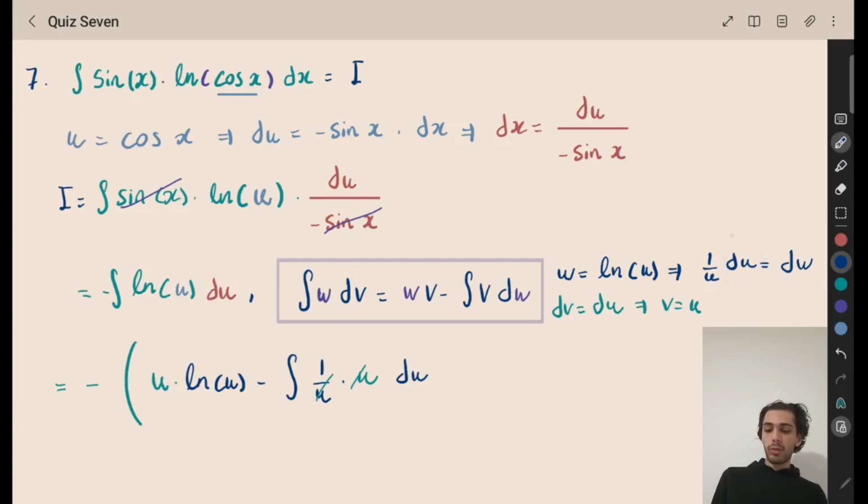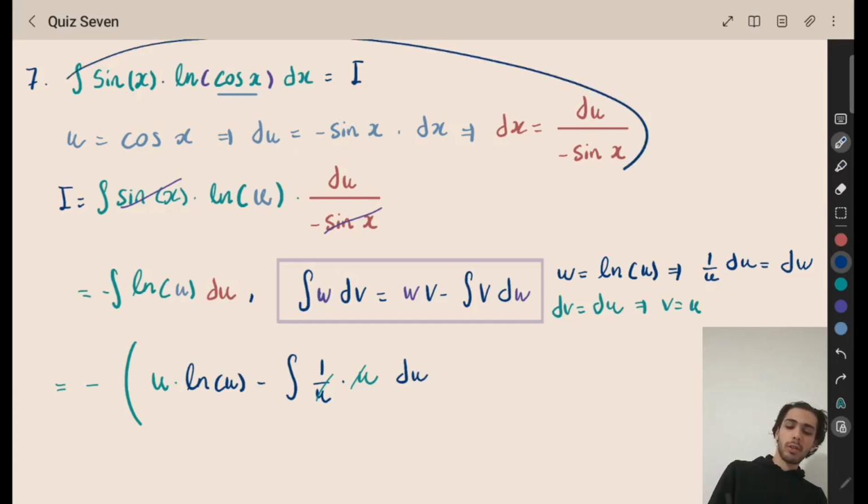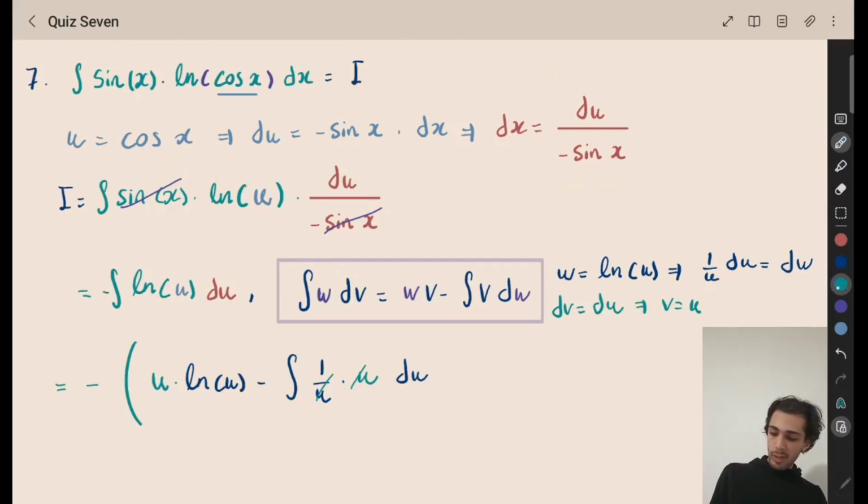So you need to take care of the chain rule, just like we were doing here. But I made a small mistake, apparently. Now I'm not too careful with the evaluation of this integral because it's not the core focus of the exercise. The core focus is really to be able to make the right choice for integration. But then when you do that, you get u times ln of u, negative of this, minus the integral of 1 with respect to u, which is u.